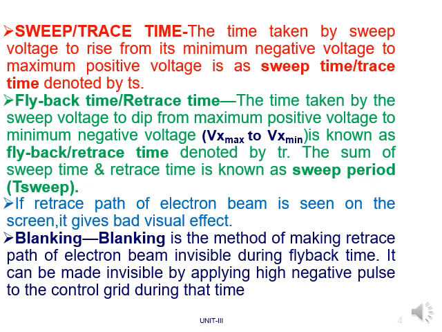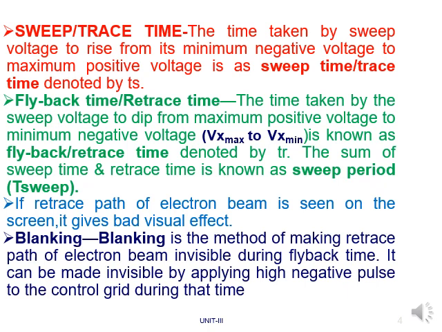The flyback time or retrace time is the time taken by the sweep voltage to fall from maximum positive voltage, that is Vx maximum, to minimum negative voltage, and it is denoted by Tr. And the sum of sweep time and retrace time is known as sweep period.